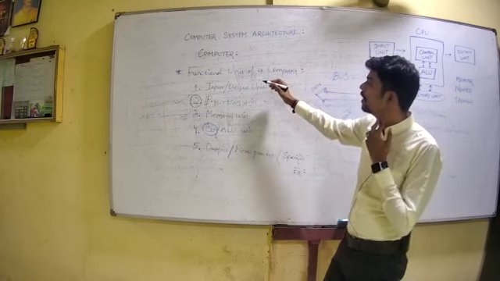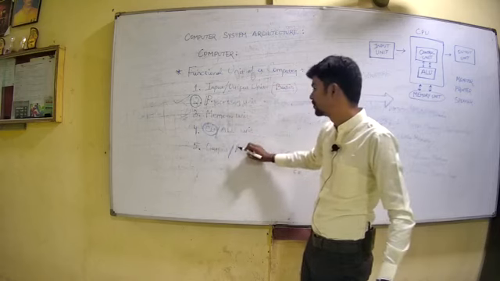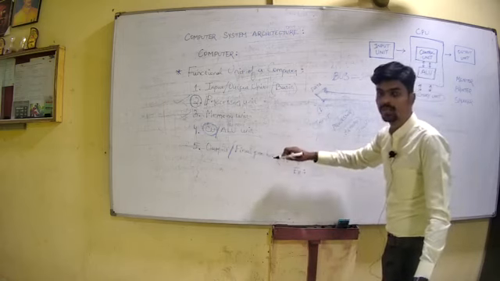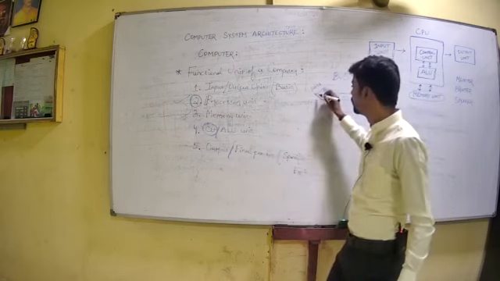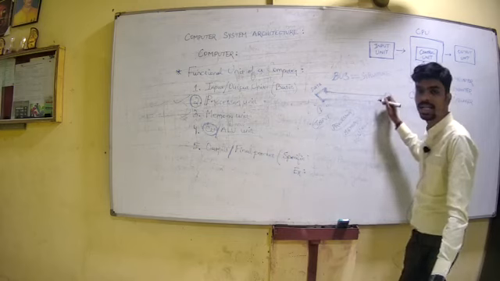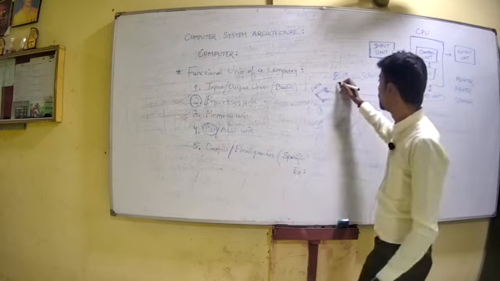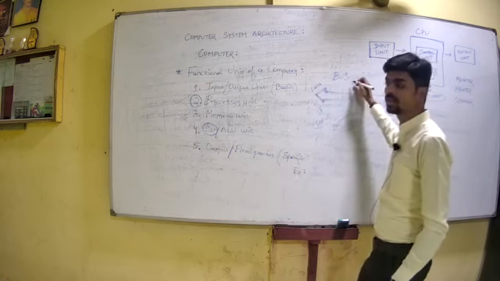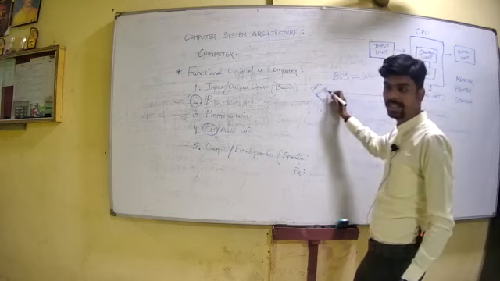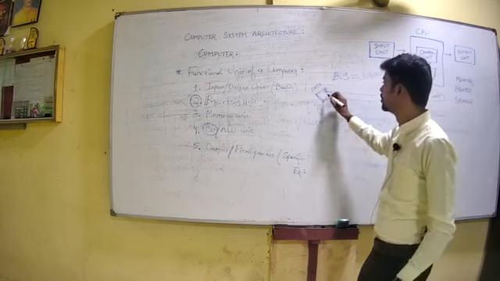The 5 types of functional unit were described thoroughly in this video. After completing the 5 types, we came to know about the flow of data or instruction inside a computer through a way which is known as bus structure. The bus structure has a single route from the starting to the ending. It does not have any U-turn.